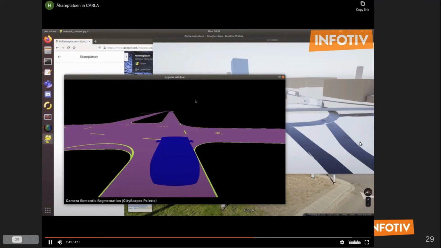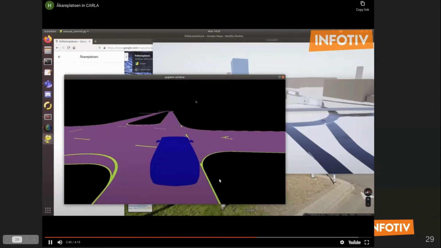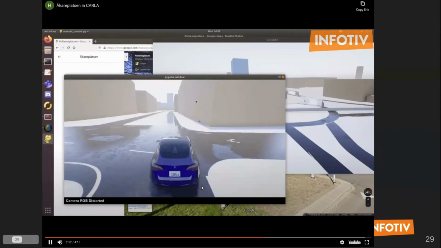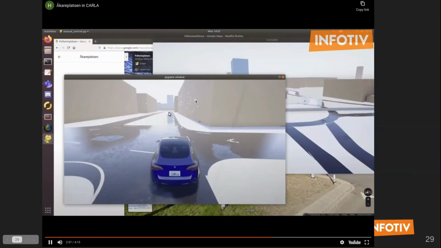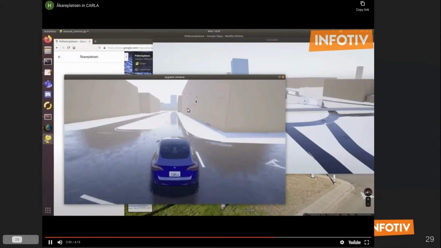CARLA already supports camera semantic segmentation, which means that, for example, the blue part is the car and the purple part is the road. You can easily identify them. There is a LiDAR sensor, a dynamic vision sensor, a distorted RGB camera, and a normal camera. And here, if you notice this, there is also, I think, a radar sensor.